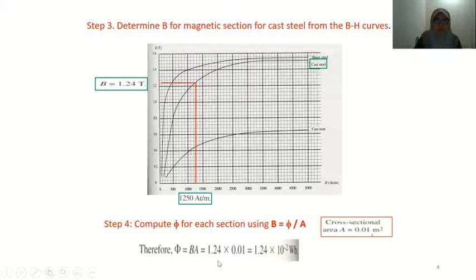This multiplication of B and A gives you the flux of 1.24 times 10 to the power of minus 2 Weber, because the given area in the question is 0.01 meter squared.